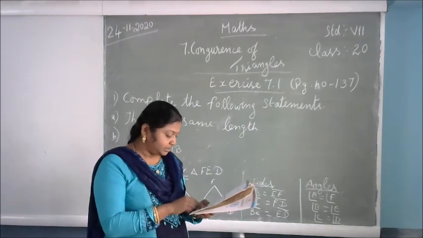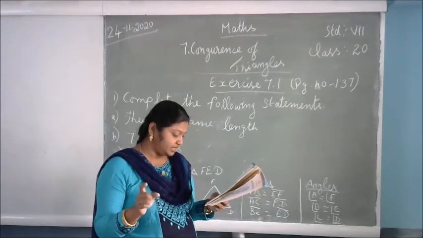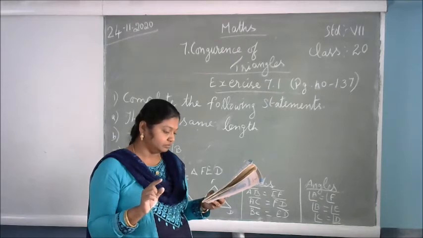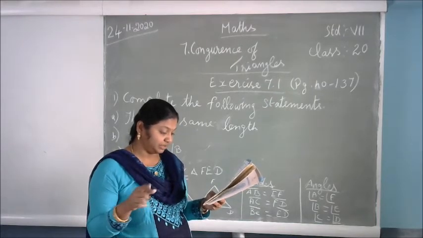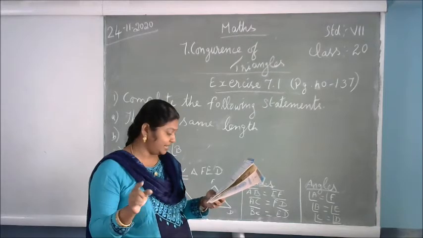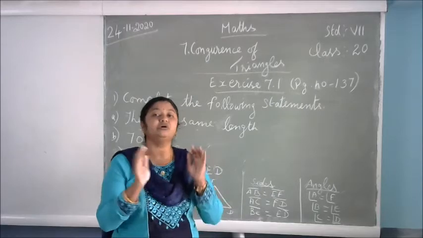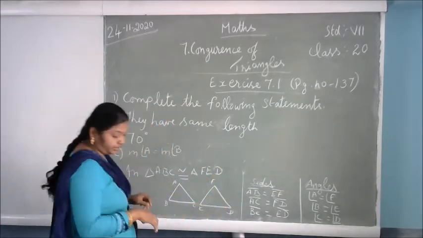Okay. The third one is, in triangle ABC and triangle FED, under the correspondence ABC is equal to FED, that means triangle ABC is congruent to triangle FED. Write all the corresponding congruent parts of the triangles. Which are the congruent parts of the two triangles you have to write. Okay.